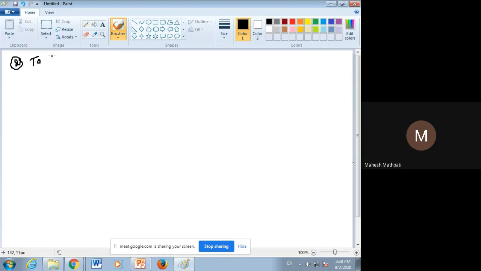To find HD of n, what is the formula we are having?